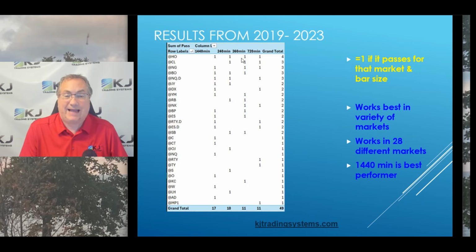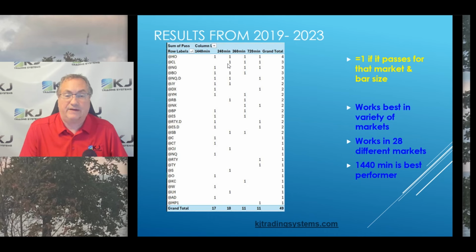If it passed, it got a 1. If it didn't pass, it got a blank. And then I sorted them by the markets where it passed the most. And you can see energies are the top 3 places. Heating oil, crude oil, natural gas all had 3 or 4, and then you can see other markets.